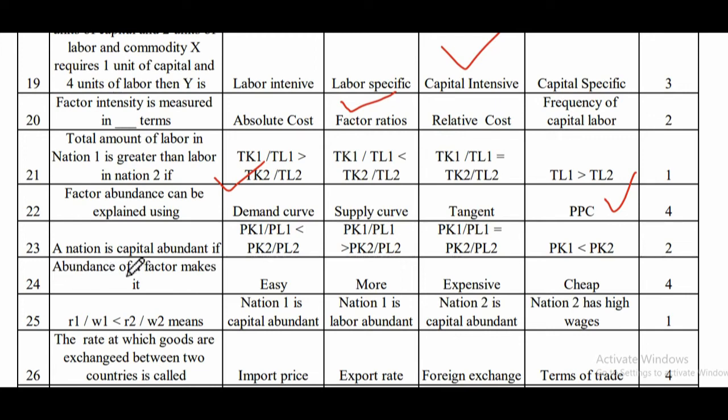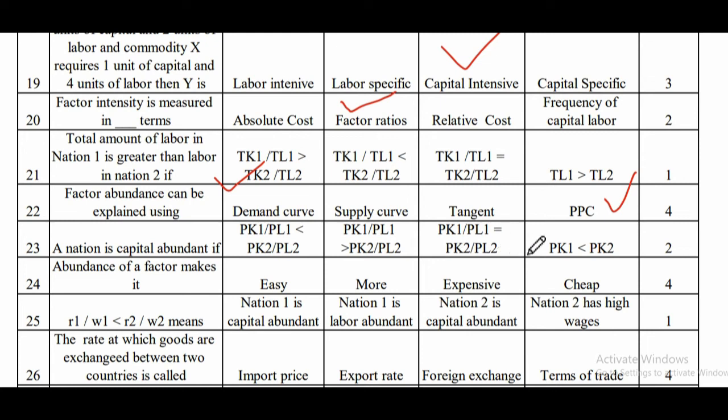Now the next MCQ is, a nation is capital abundant if, and they have again given you the 4 equations over here for when we can say that a nation is capital abundant. Option number 1 is PK1 divided by PL1 is lower as compared to PK2 divided by PL2. The second option is PK1 divided by PL1 is greater as compared to PK2 divided by PL2.